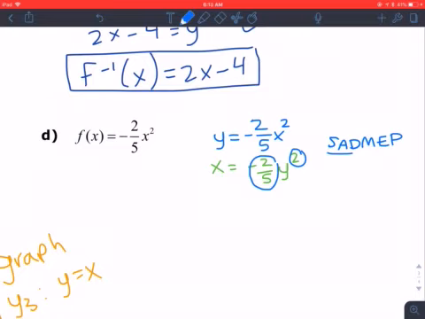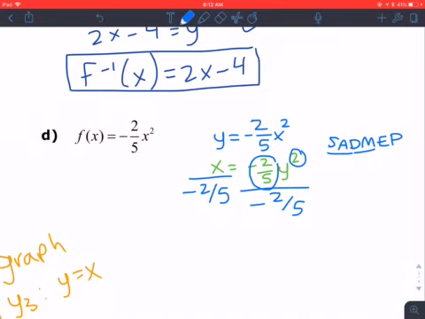I don't have addition and subtraction. What I have is multiplication by a negative. So that's the next thing I'll get rid of, is multiplication and division. So right now, y is being multiplied by negative 2/5. So I'm going to divide by negative 2/5 on both sides. Alright, remember when you're dividing by fractions, you're actually multiplying by the reciprocal.